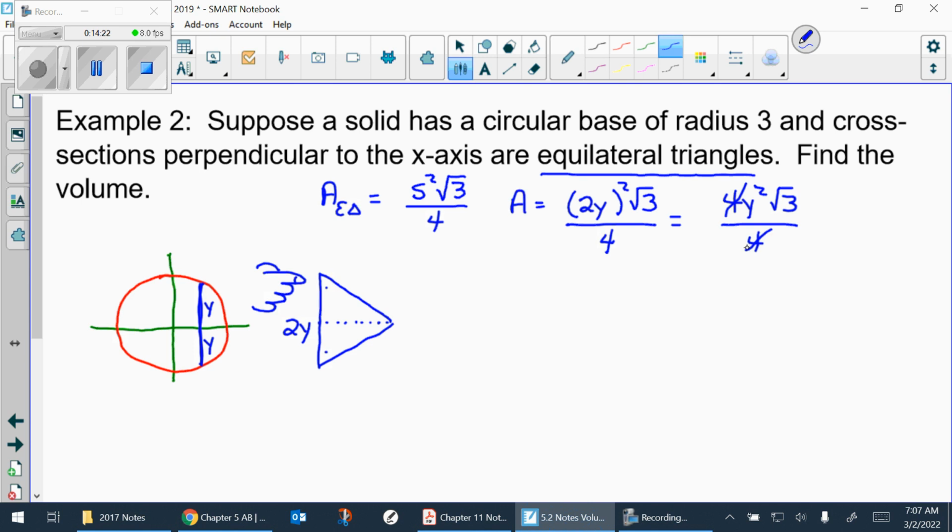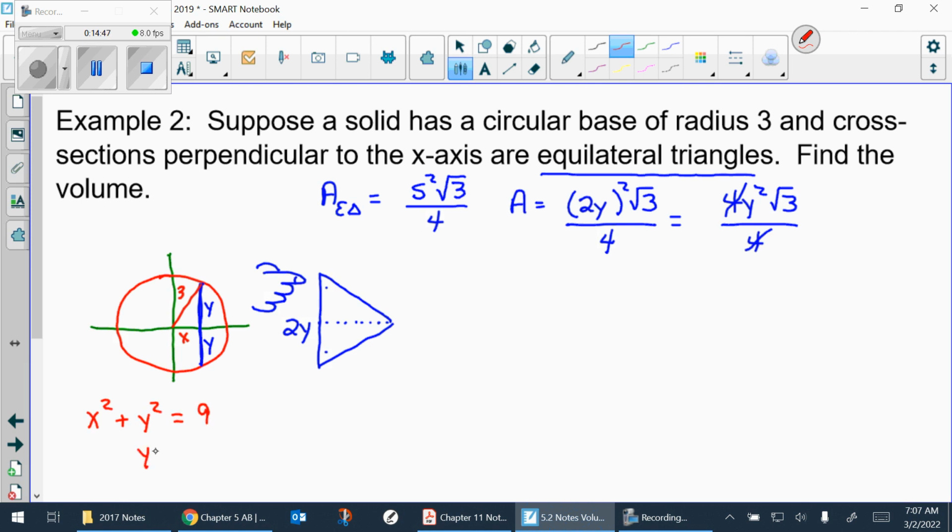But again, we need everything in terms of x because the slice hit the x-axis. So again, I'm going to draw this radius, a radius of 3. I'm going to call this distance x. And again, x squared plus y squared is equal to 9.